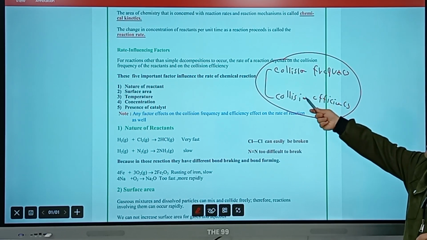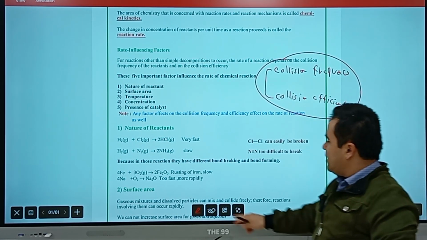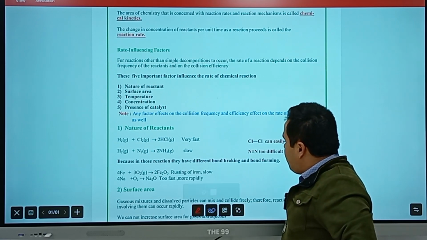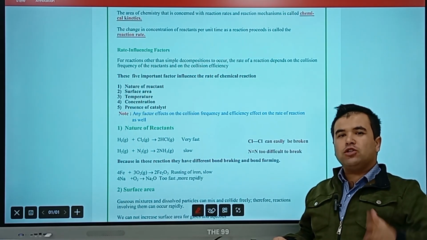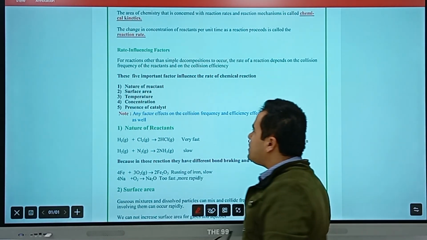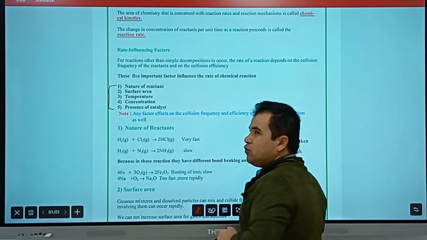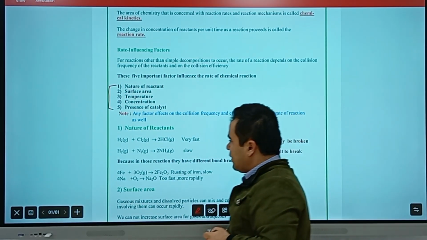Collision frequency and collision efficiency are the factors that influence the rate of the reaction. How many factors change the collision efficiency and collision frequency of the reactions? We have 5 factors: the nature of reactant, surface area, temperature, concentration, and presence of catalyst. We'll be talking about them in detail.